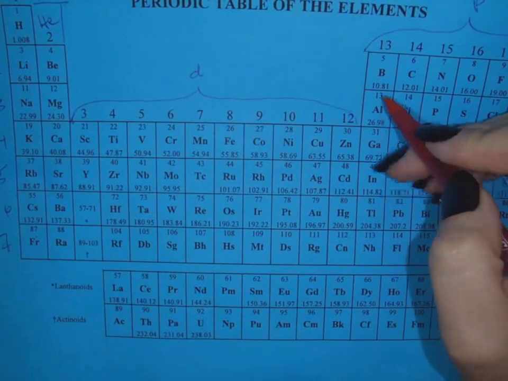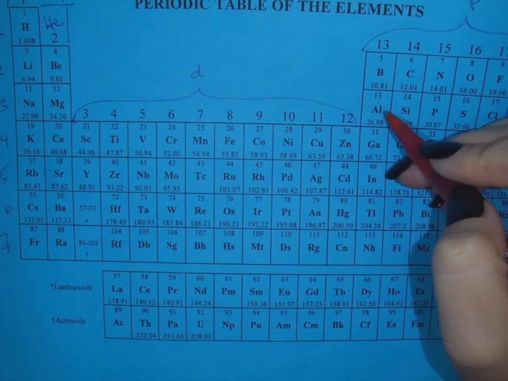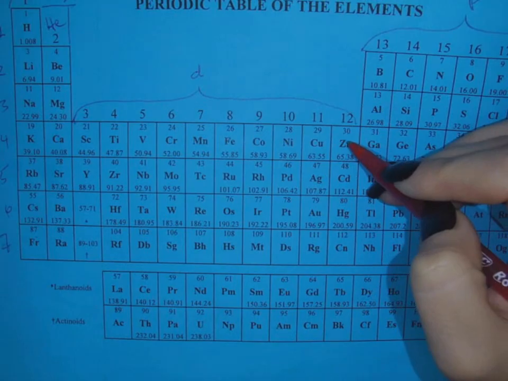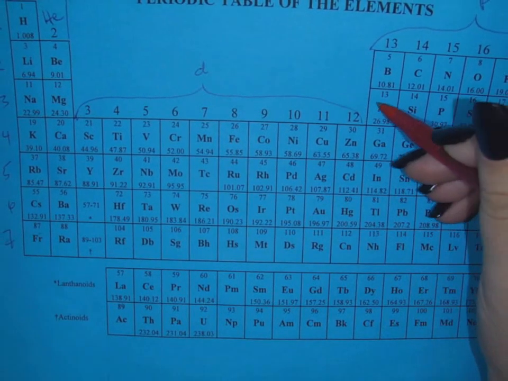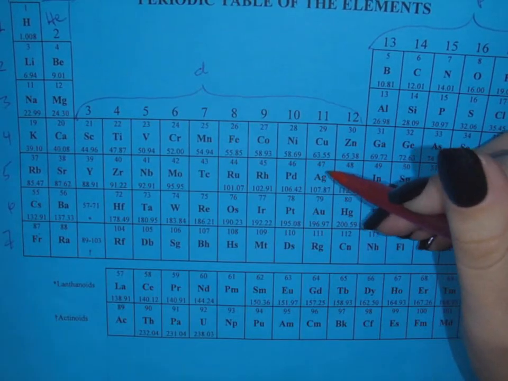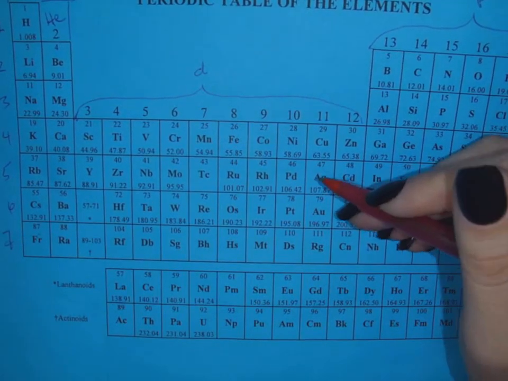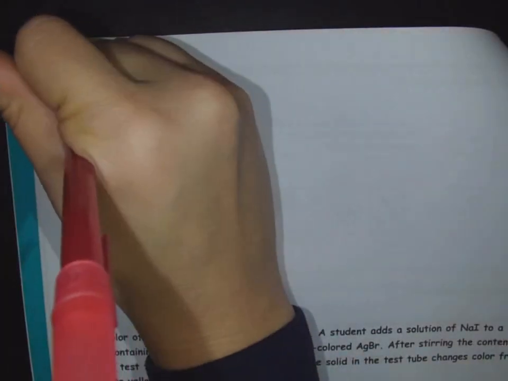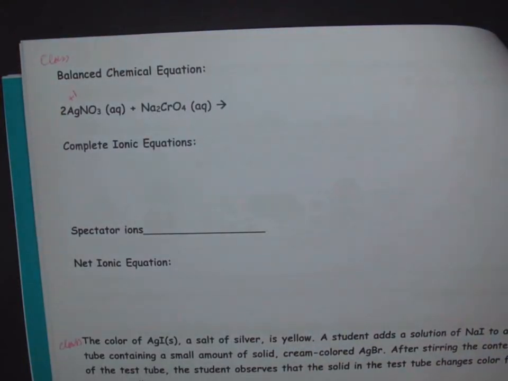So yes, aluminum is in group 13, which has a +3 charge, but then diagonally from here, zinc you also need to know, and silver you need to know. So it's going to go +3 for aluminum, +2 for zinc, and +1 for silver. +3, +2, +1. So silver is going to form an ion that's a +1.